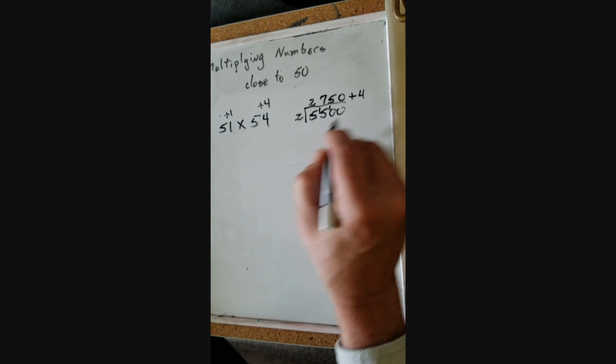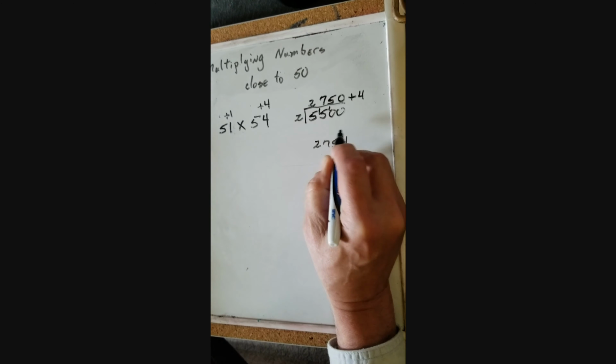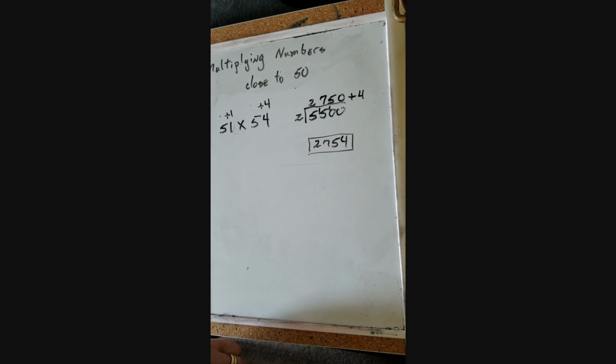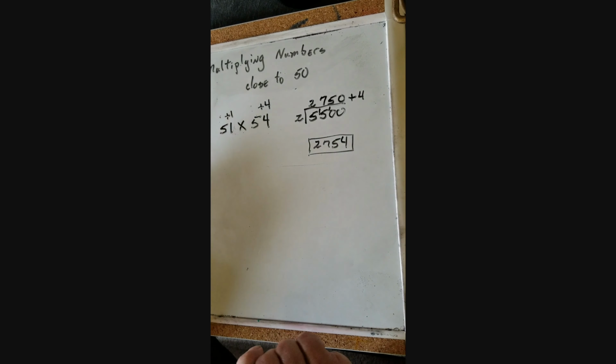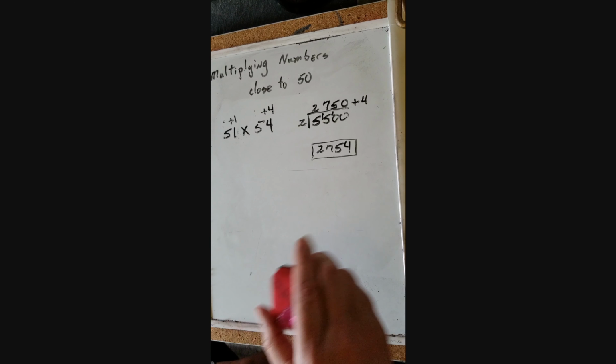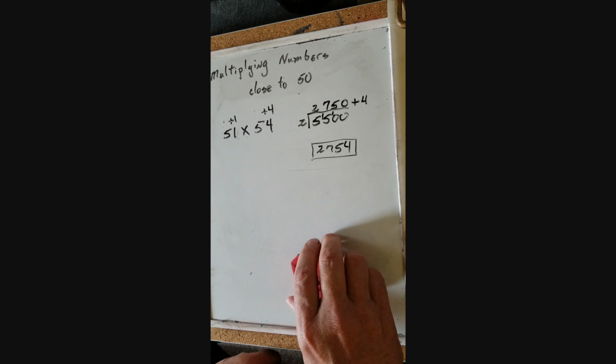So our answer is 2,754. Now, we're doing some division, but with a little practice, you can do this a lot faster.